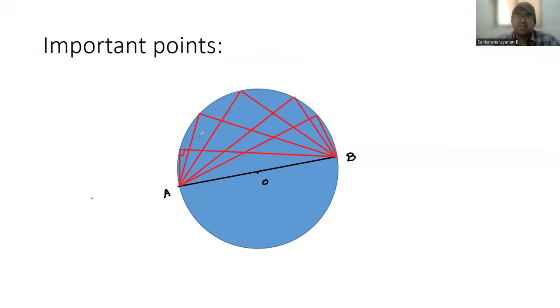So this angle will be 90 degrees, 90 degrees, 90 degrees. Like that, we can consider the result. It says the angle in a semicircle will always be a right angle. So that is another result which you have to keep in mind. Based on these points, if a problem comes, make sure that you attempt it.